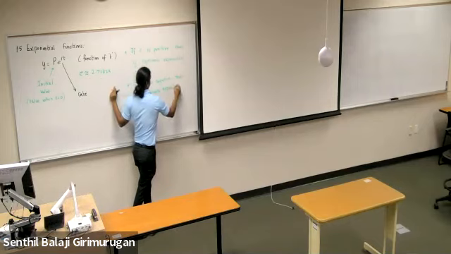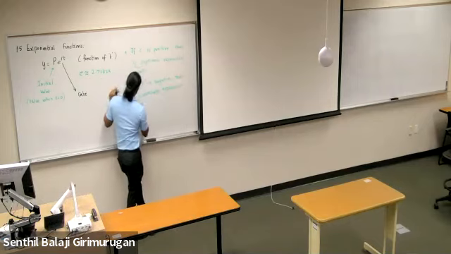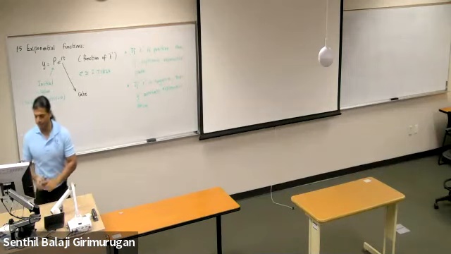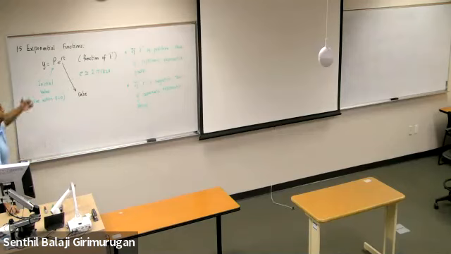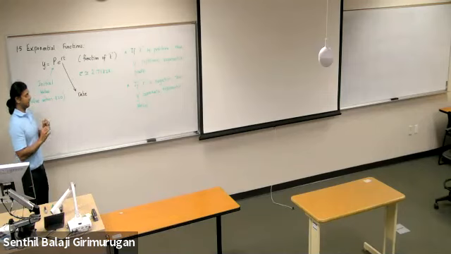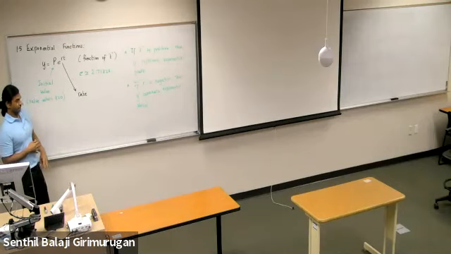If r is negative, then y represents exponential decay. Now, even exponential growth can be scaled up. How do we do that?